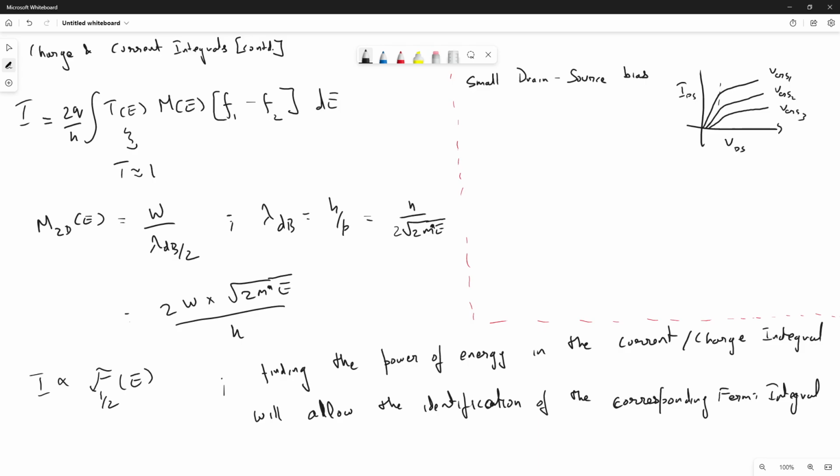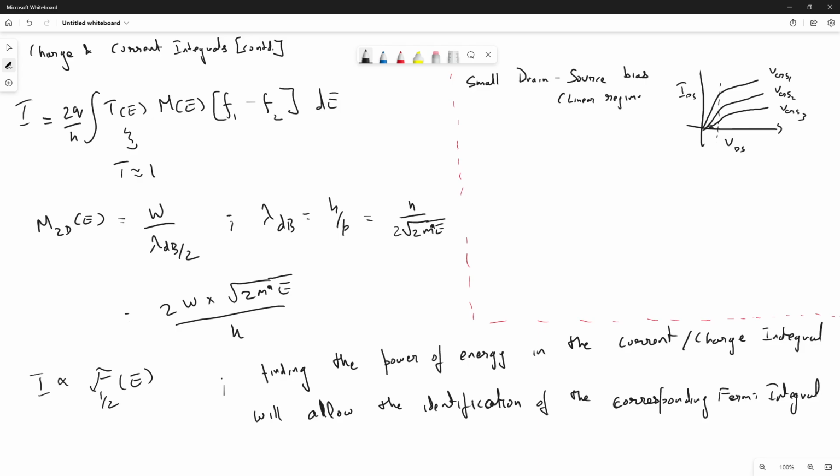So for lower values of VDS, what region of operation is the device in? Which of this is linear, which of this is saturation? Is left linear or is right linear? So left one is linear. So for small drain source biases, the device is in the linear regime.